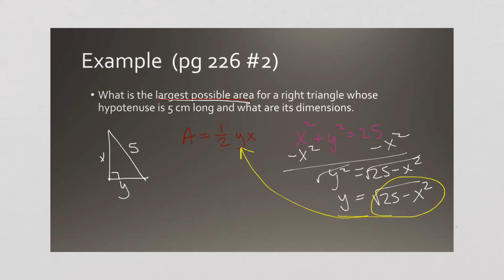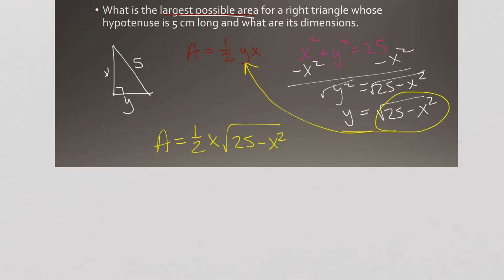So now my area formula becomes 1/2 x times the square root of 25 minus x squared. And now I've got to find the derivative of that. When I'm finding my derivative, remember I have a product rule going on here. So I have a u and a v.